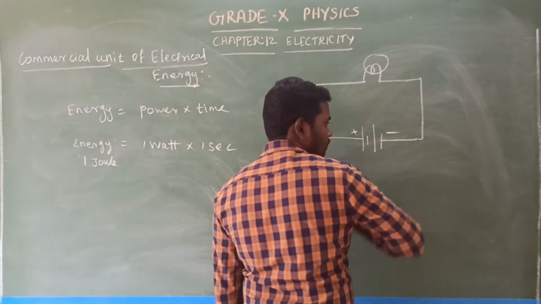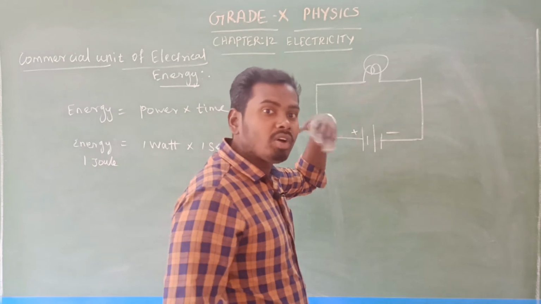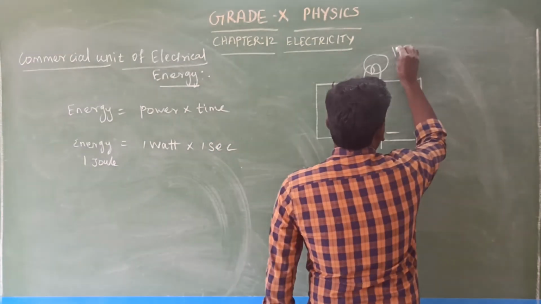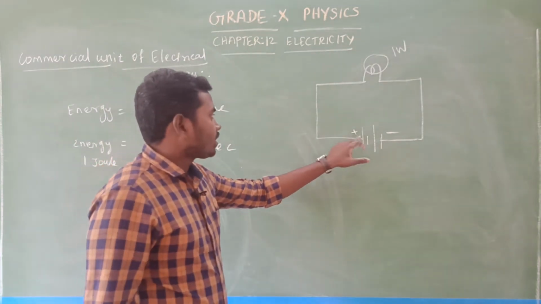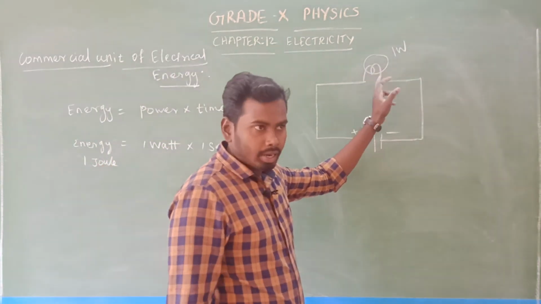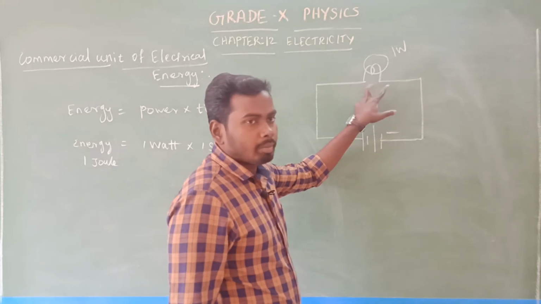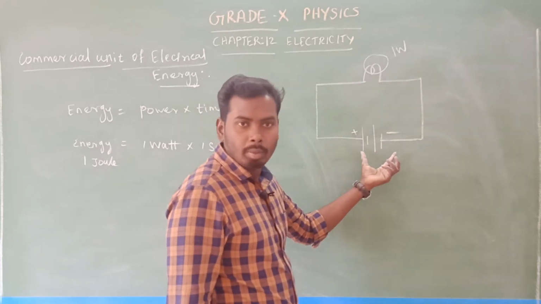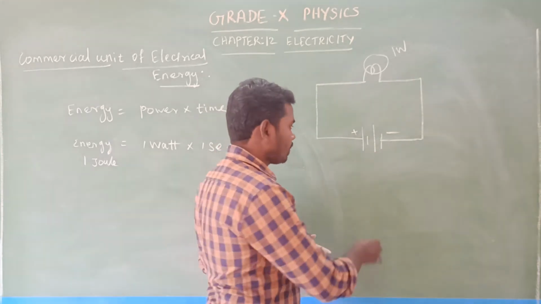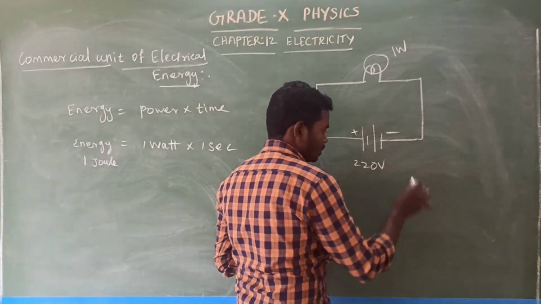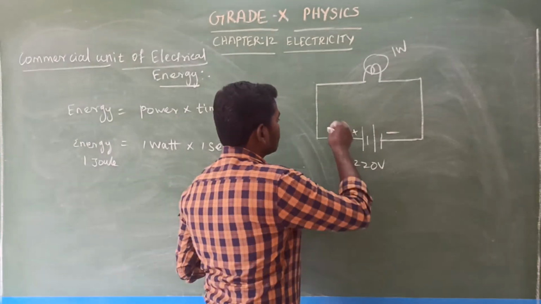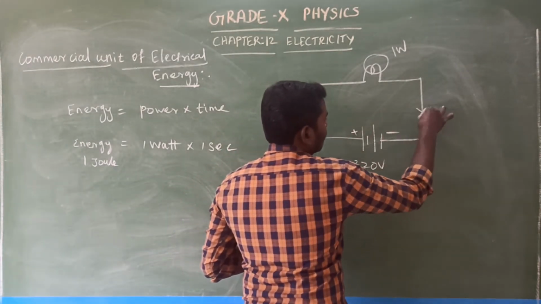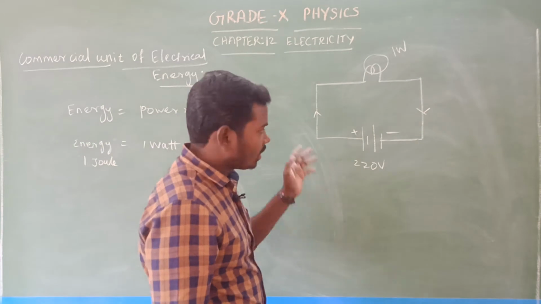This electric bulb power rating is 1 watt. The 2 terminals of the electric bulb are connected across the 2 terminals of the battery. So we apply voltage, 220 volts, which means potential difference. Due to the potential difference, the current gets flowing in the circuit.